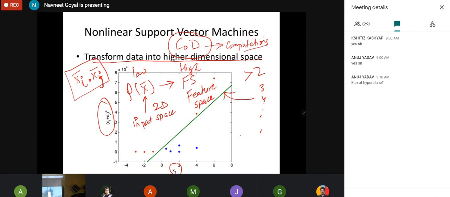Look, let me explain this. Suppose this is one vector x1, and this is another vector x2. Suppose the first has 2 components, x1 and x2, and this one has two components, x3, x4. So what does the dot product between those two vectors indicate?